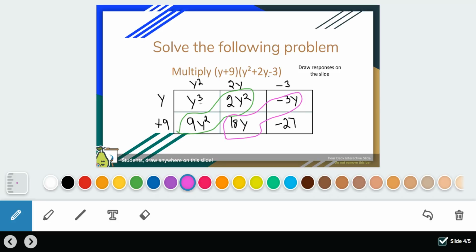So this here will give me, I'm just gonna rewrite the y cubed. So my final answer is y cubed, I'll write this in green, plus 11y squared. And then 18y minus 3y will be plus 15y.